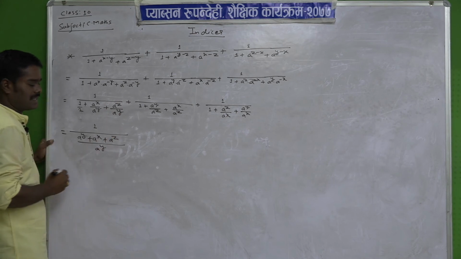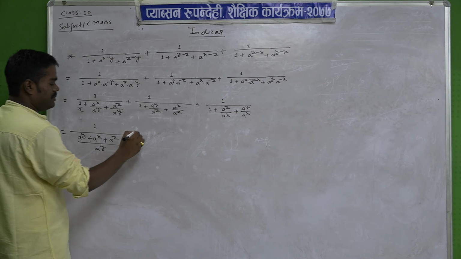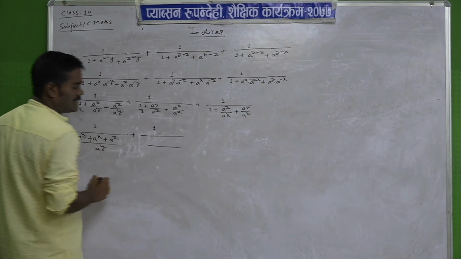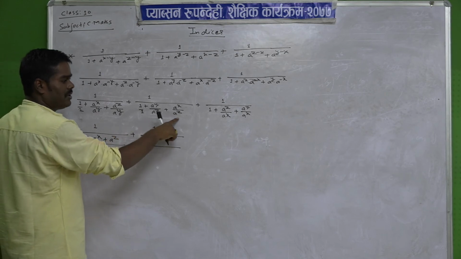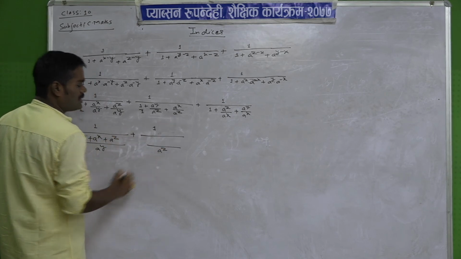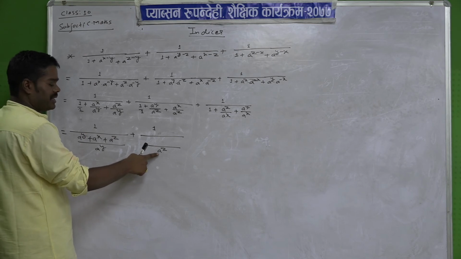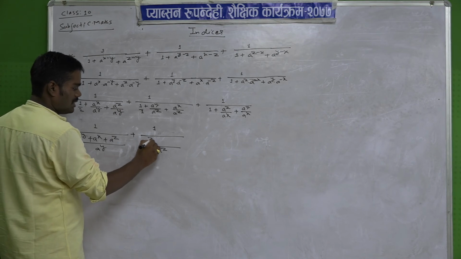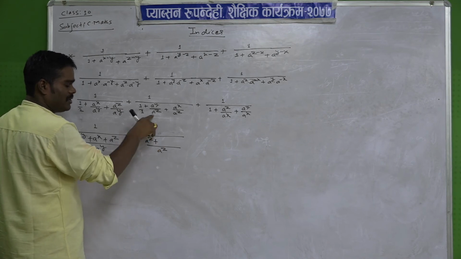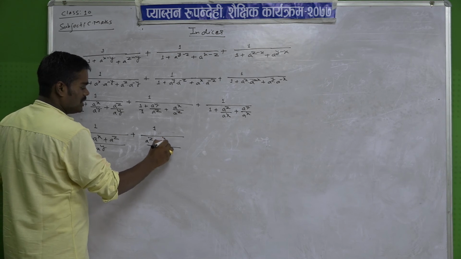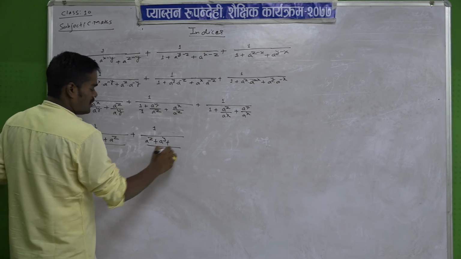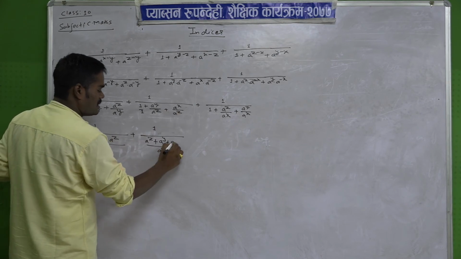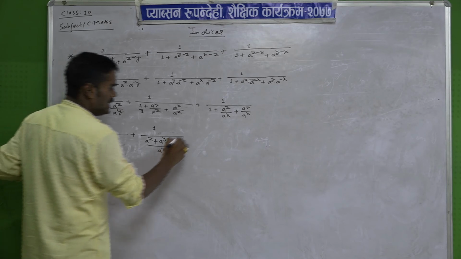Like this, and then the same way, 1, again here what? 1. So what is the LCM of 1 and a power z? It means a power z. Again divide the same a power z by 1, it means a power z. So a power z into 1 is a power z, plus a power z cancelled, what is left? 1. A power y plus a power z divided by a power z, what is left? 1. So 1 into a power x means a power x, very easy.